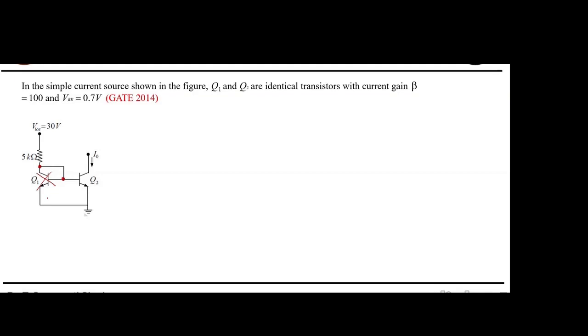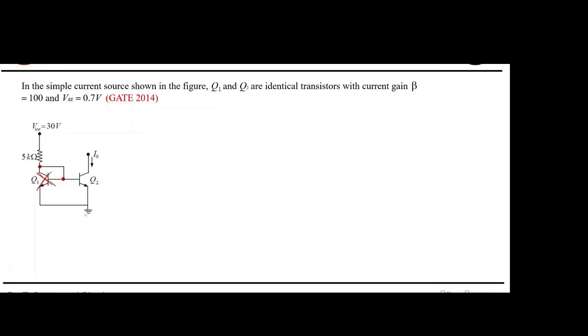So the base and the collector are short circuited, means they are connected. So that means this Q1 will not play any role here. We can neglect this one.